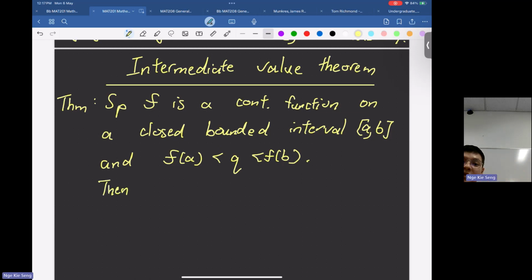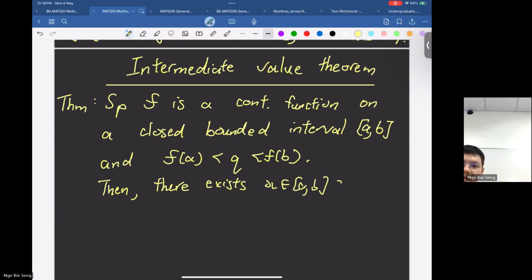Then I can achieve this number using my function. Then there exists an x in (a, b) such that f(x) equals q.